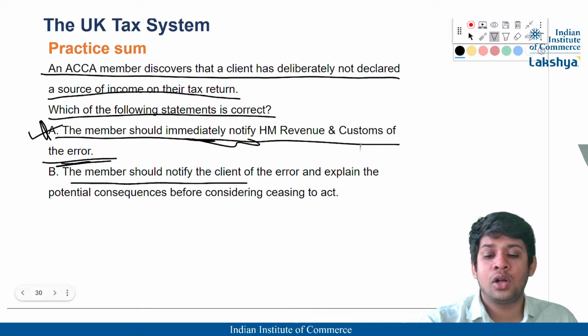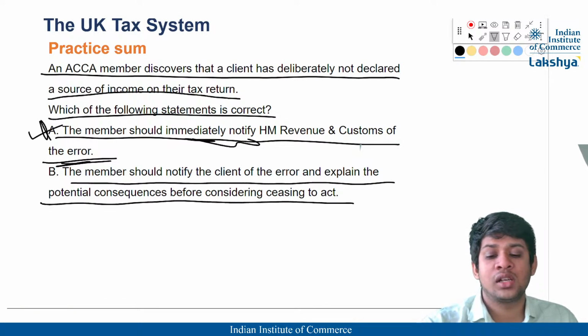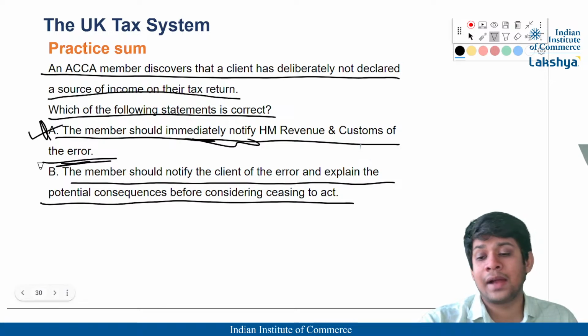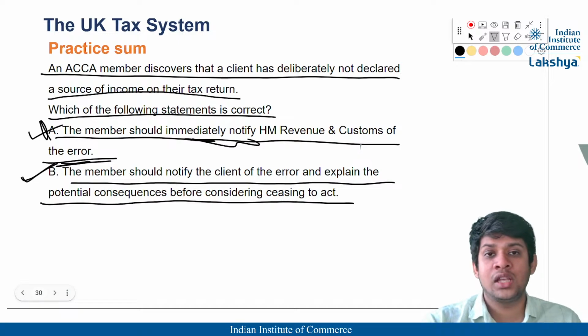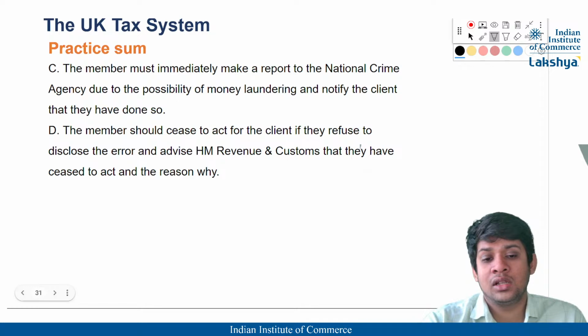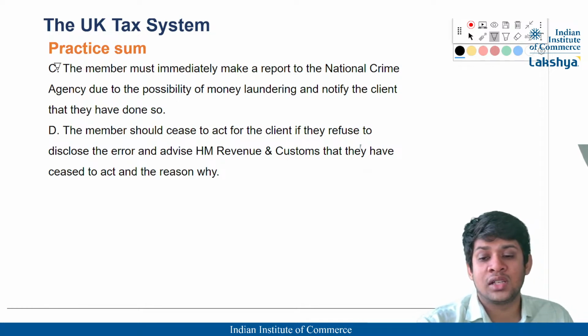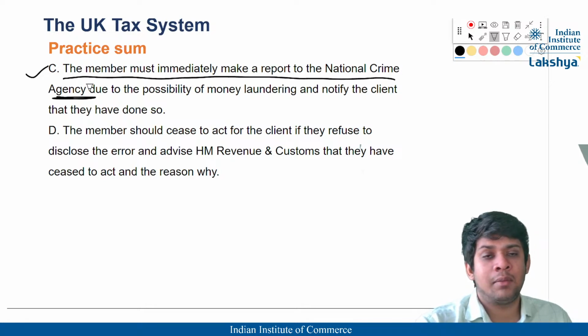B: The member should notify the client of the error and explain the potential consequences before considering ceasing to act. Yes, he should tell the client that he is doing a fraudulent activity and should not do it, because there could be potential consequences for him. He could be penalized for the same. C: The member must immediately make a report to the National Crime Agency.